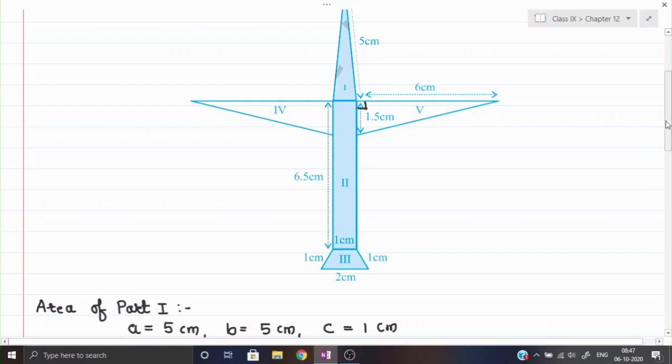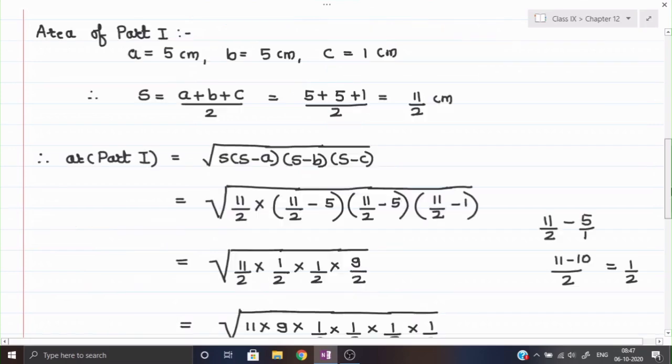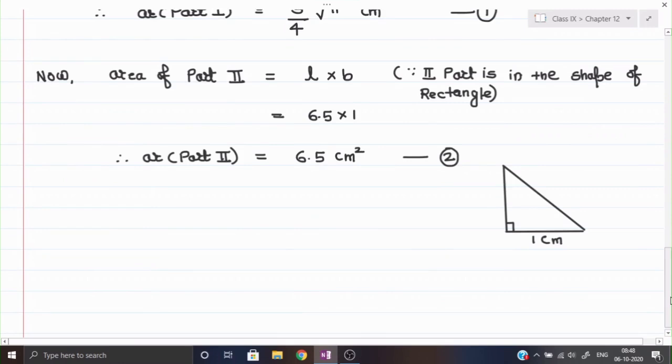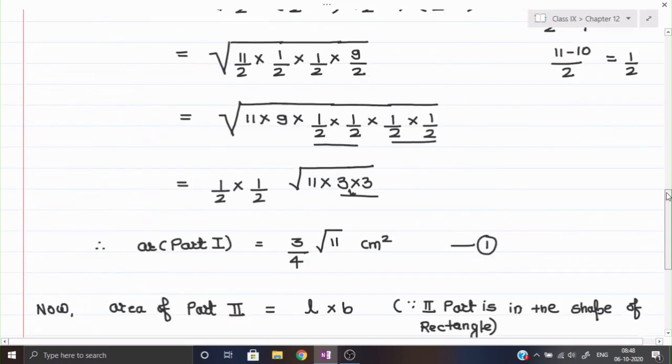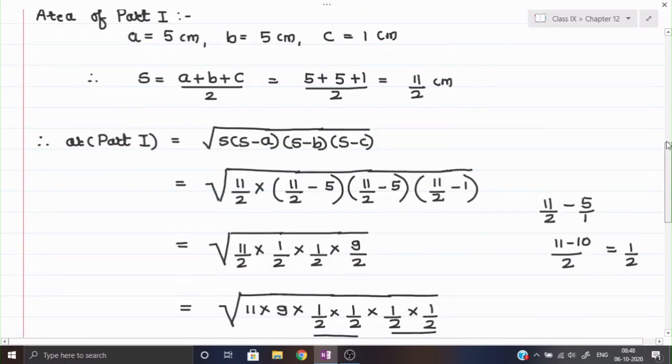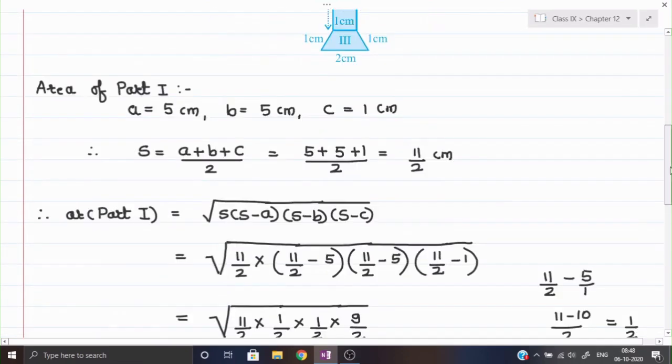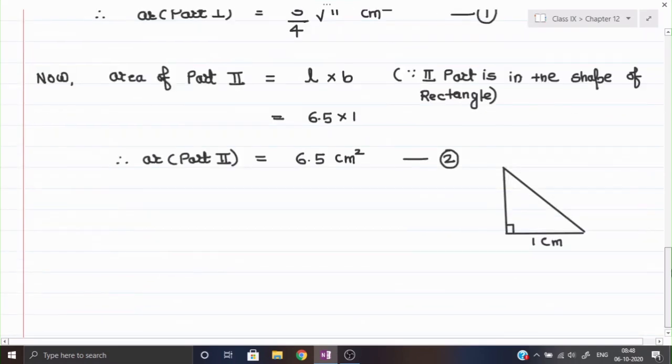So the 2 perpendicular sides are given in this right angle triangle: one is given as 6 centimeter and the other is 1.5 centimeter. Once we check, yes, 6 and 1.5. So here I think we need to make corrections.